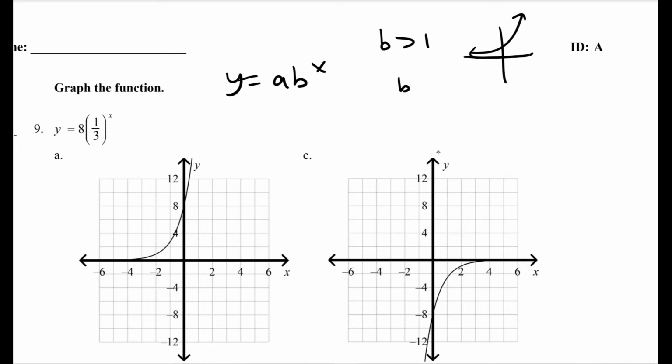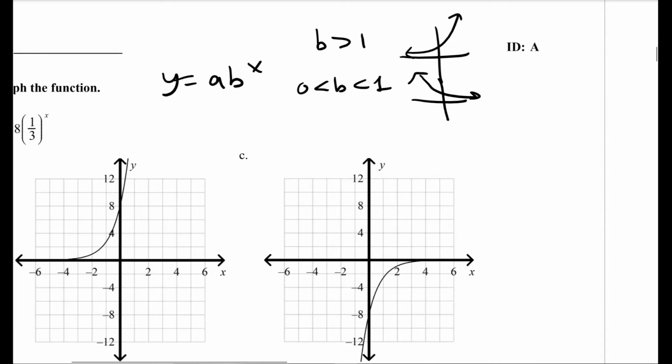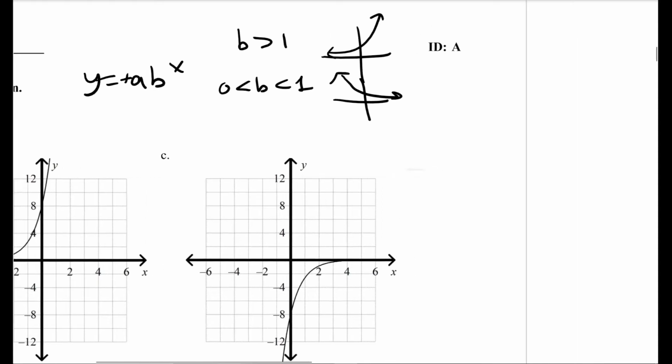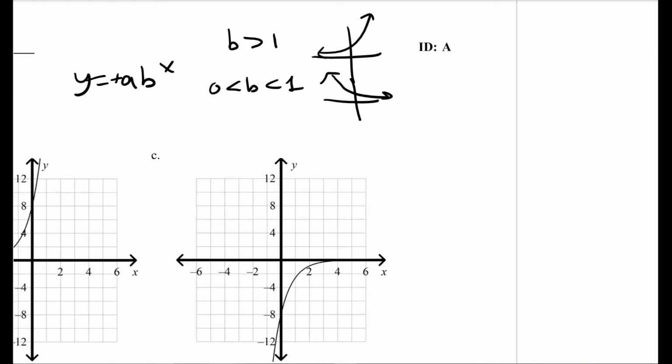If B is less than 1 but greater than 0, then it's going to be a decay, and it looks like this. Now, if A is negative, then it's going to flip this model.